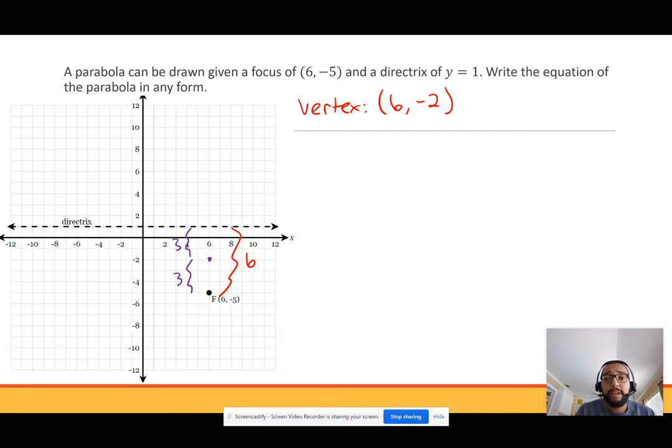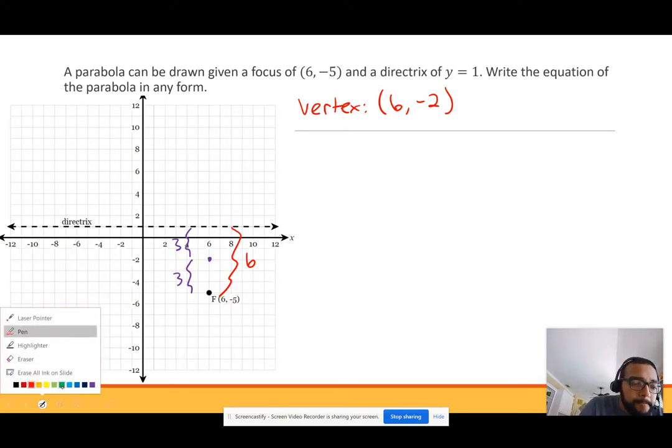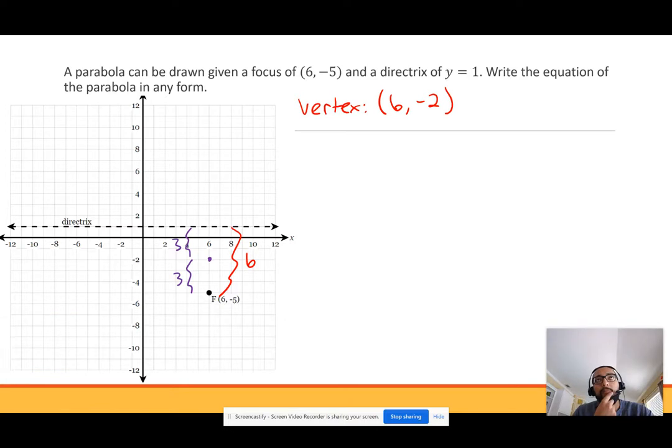Okay, found the vertex. Awesome. The value of p. Oh wait, we already found the value of p. Now, just to let you know, the value of p, yes, it is 3. Some teachers will go ahead and say this is negative 3.